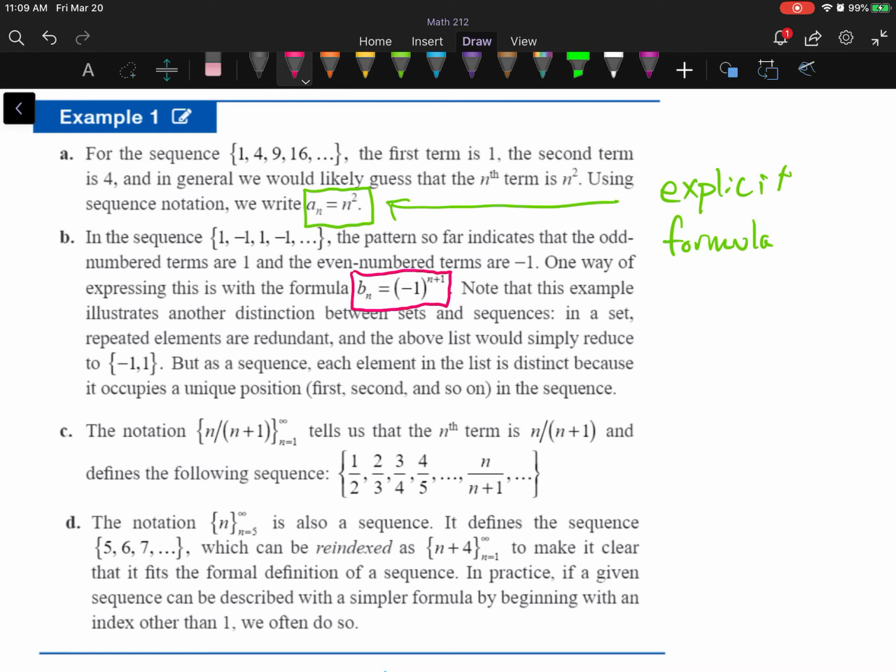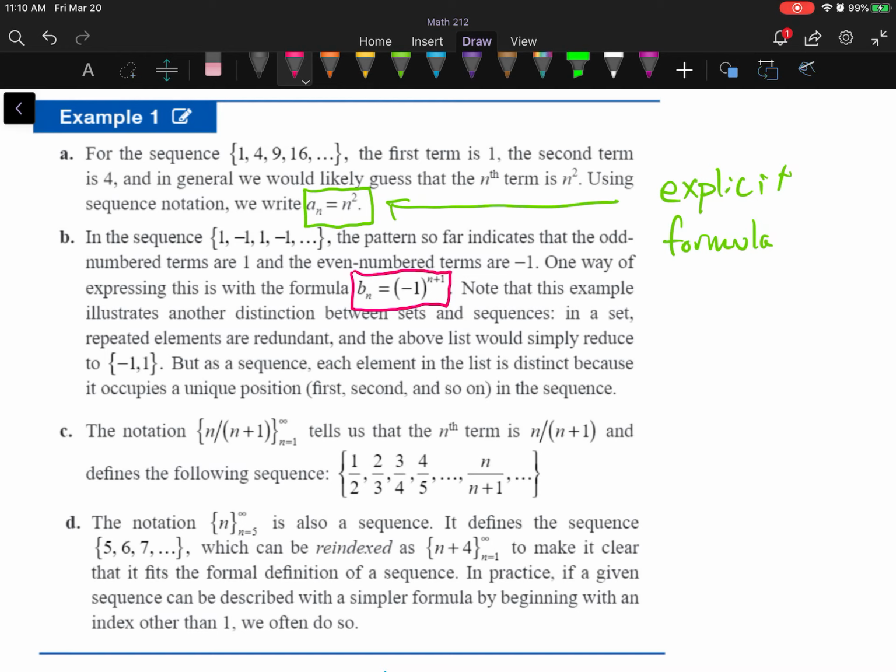Because in a sequence, all of the infinitely many -1s and 1s that are there in their specific order are important. Whereas if we were just listing the elements in a set without any repeats, we just get the set -1 and 1, and that's a very different object than an infinite sequence that we're looking at.